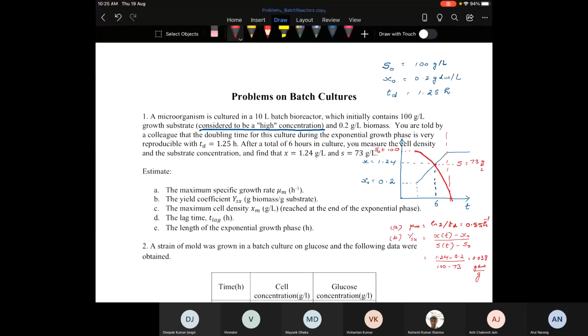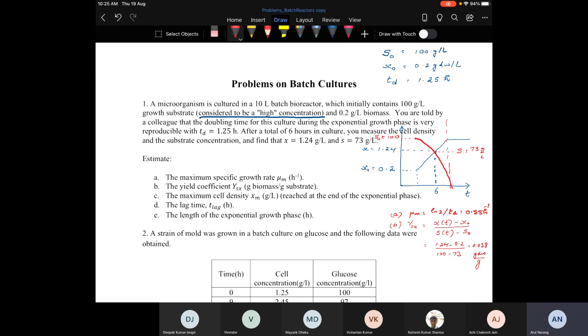The next question is, what is the maximum cell density xm reached at the end of the exponential phase? So they're asking you, what is the cell density when it goes all the way to the end, when the substrate gets over?